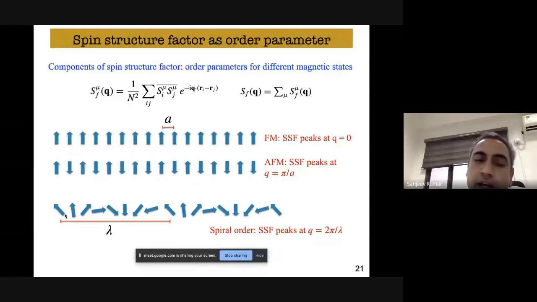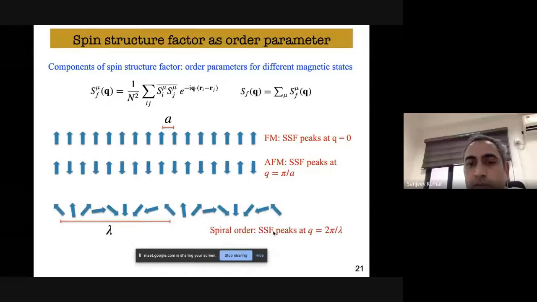And if you have an order which is slightly more complicated, which will become relevant in this fermion physics, if you have a spin order pattern which shows a spiraling texture, you notice that the spin here is orienting slowly as you go along the positive x, and it comes back to itself over here, which means you can define a wavelength for this pattern, and the wavelength is lambda.